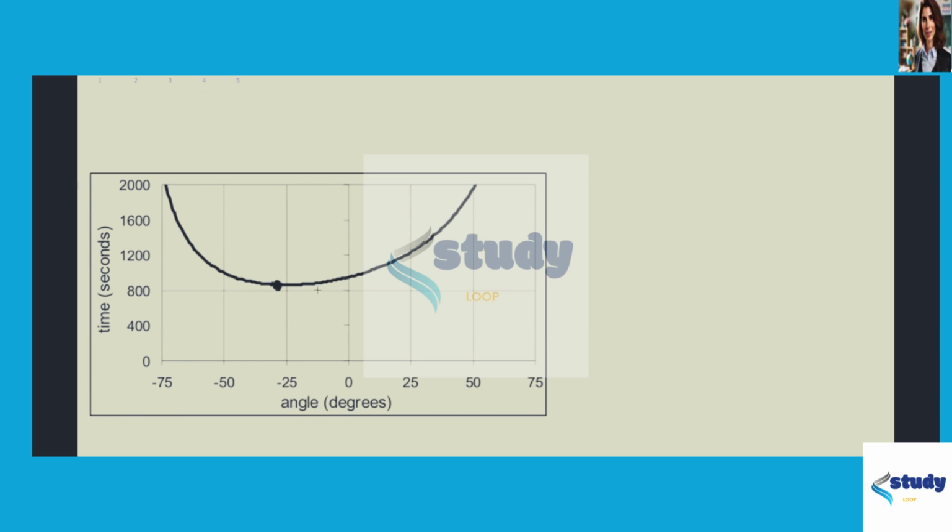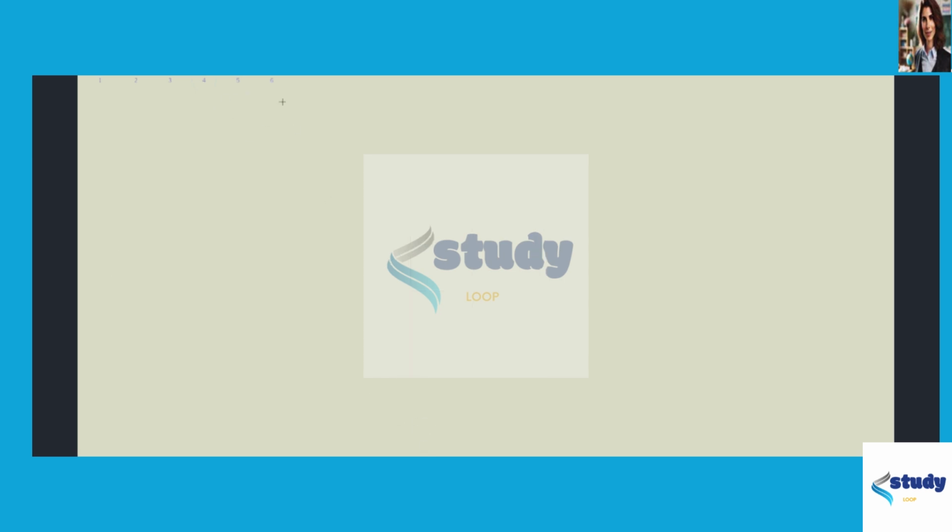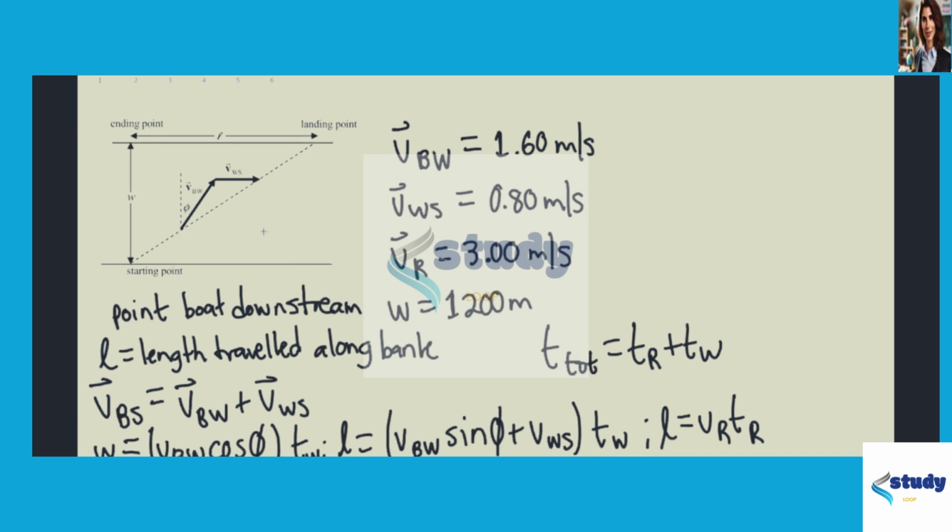We're going to find the time that the man takes in getting to the final location. This can be calculated from the angle which we just calculated. So we can say that T_W is going to be equal to W over the velocity of the boat relative to the water times cosine of phi. We're just taking the equation from here.